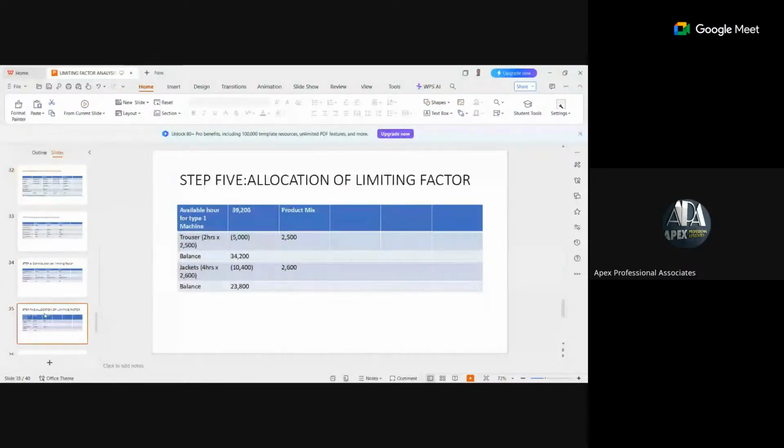But based on our computation, how many hours do you have as your balance? 23,800. So it means you cannot produce the whole of 4,200 units, isn't it?